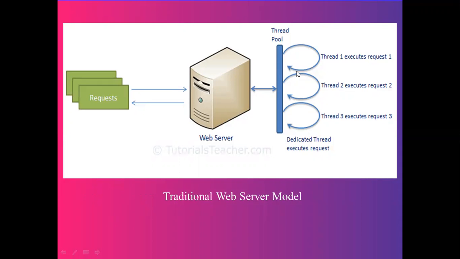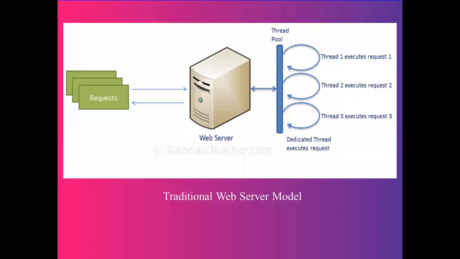If a thread is not available in the thread pool, then that request has to wait till the next thread is available to handle that request. In the traditional way, every request is assigned to a single thread. This is the traditional web server model.